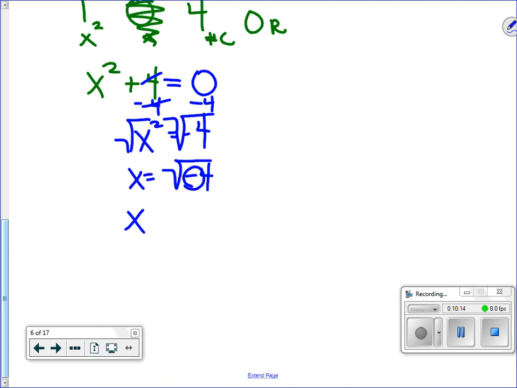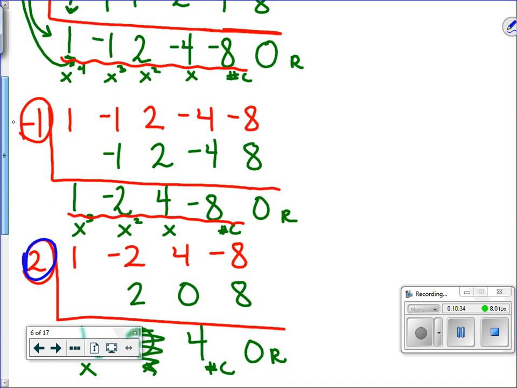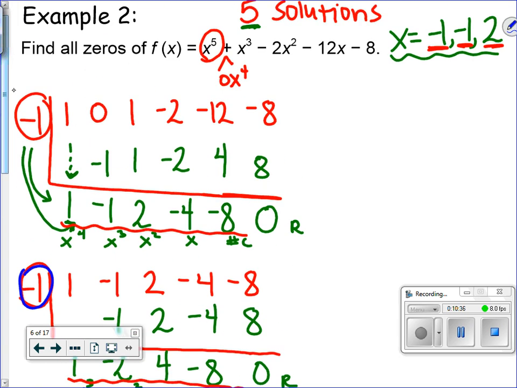Okay, we have the square root of negative 4. Remember, when you take the square root, you not only get a positive 2i because of the square root of the negative, but you also get a negative 2i. Okay, so we've got solutions of 2i, negative 2i, 2, negative 1, and negative 1.